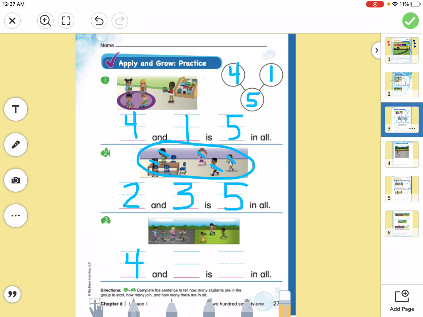How many friends are over here running? 1, 2, 3. So we have 4 and 3. Let's see what 4 and 3 is in all together. 1, 2, 3, 4, 5, 6, 7. So 4 and 3 is 7 in all. Okay, let's go to the next page.